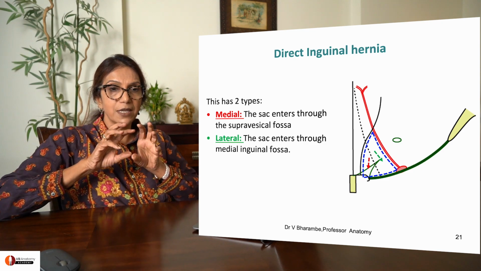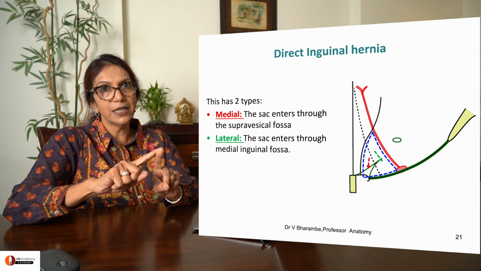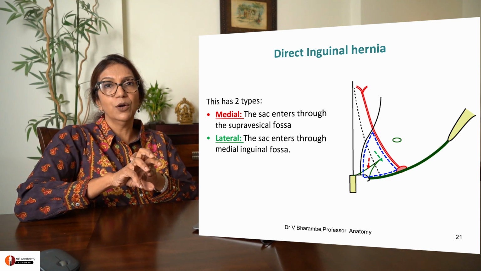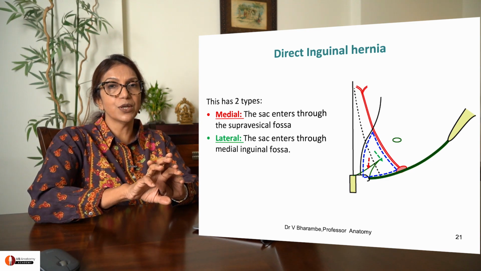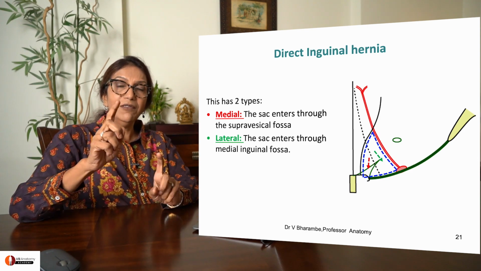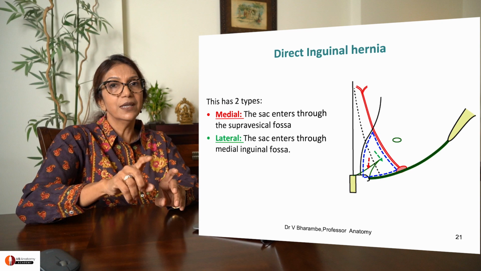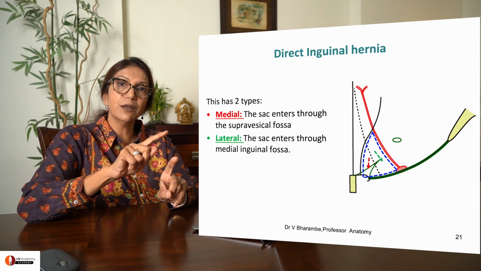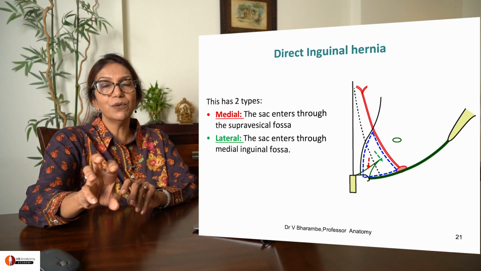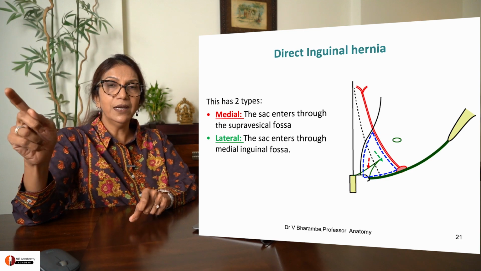If the hernia is passing through Hesselbach's triangle, you call it a direct inguinal hernia. If the hernia is passing forward through the supravesical fossa, then you call it a medial direct inguinal hernia. If it's passing through the medial inguinal fossa, then you call it a lateral direct inguinal hernia.